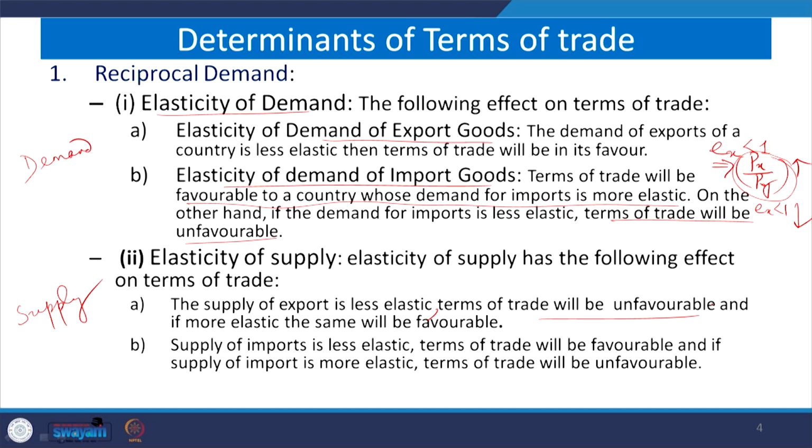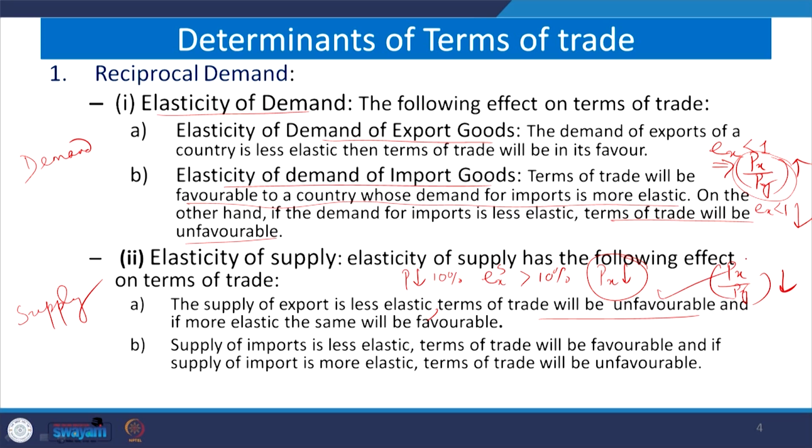If your supply of exports is elastic and price increases in the international market by 10%, your export supply will be more than 10%. That will reduce the net price in the international market. Therefore, Px by Py will fall as a net effect, so it will be unfavorable.